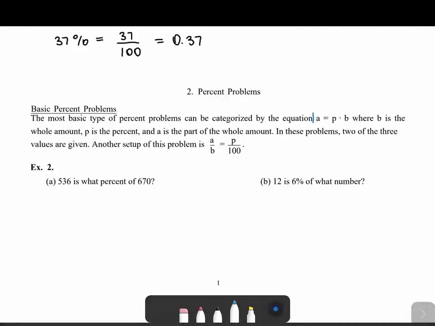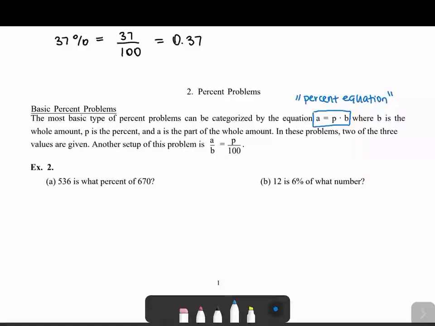So that's the percent equation. It's an equation where A is the part, P is the percent, and B is the whole. Sorry, I had that backwards at first. So we just have a part equals a percent of the whole.